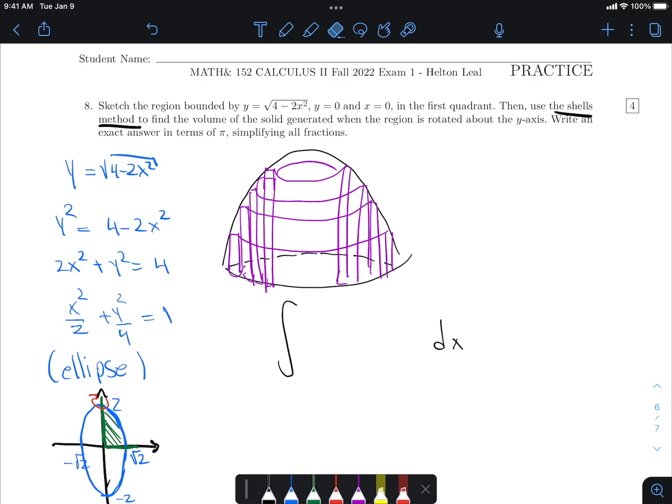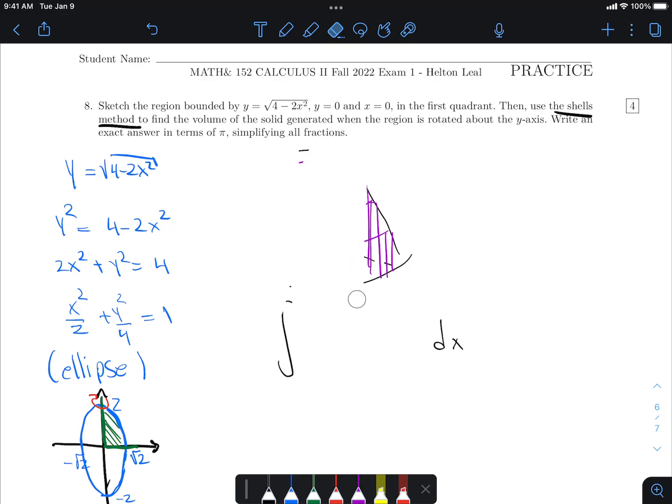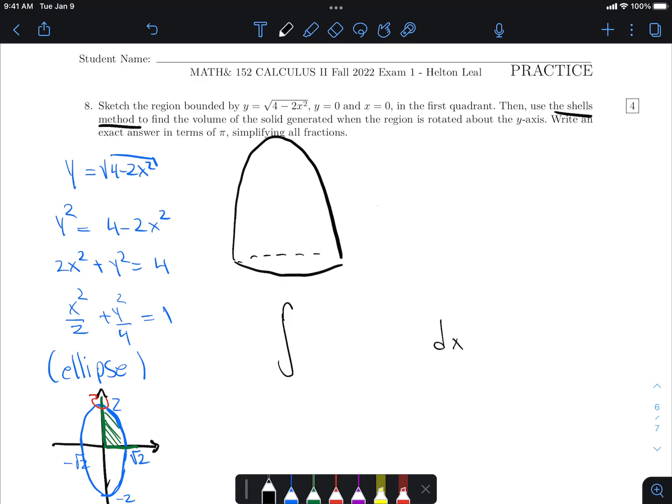So how do you find the volume of one shell? Let me erase this and do it again without so many polluted shells there. I'll draw only one shell. This is my one shell that I'll calculate the volume of. It's very thin.